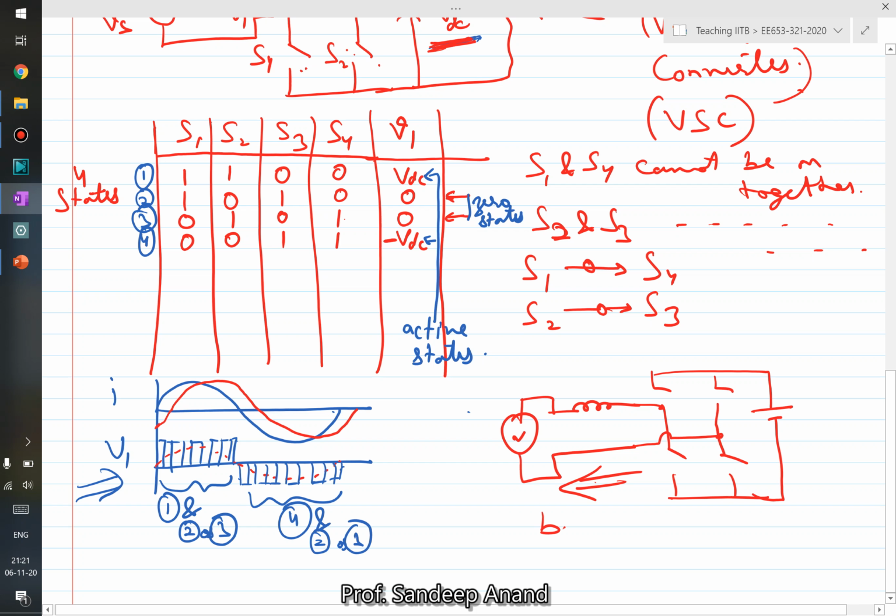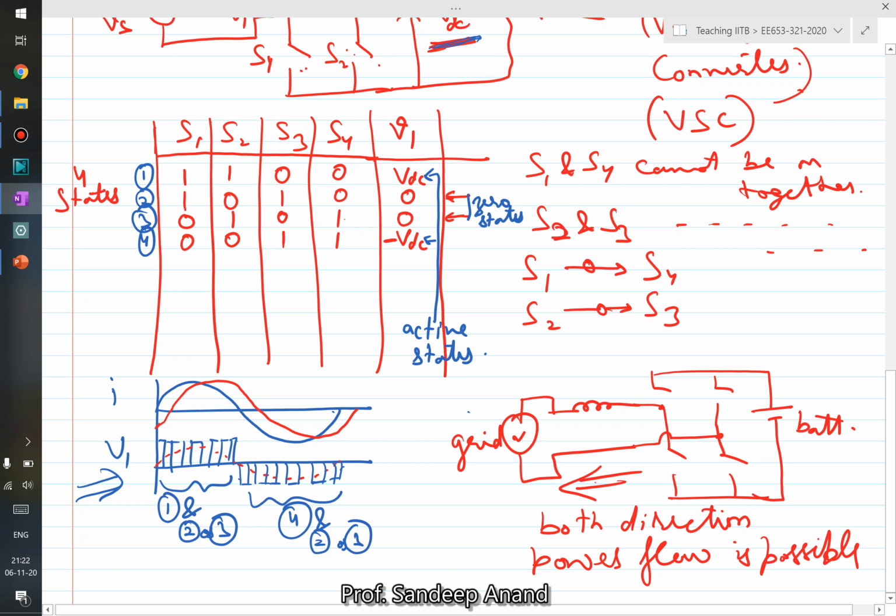So power flow in both directions is possible. For example, if you have a single phase grid here, and a battery here, you can use this circuit to charge the battery, or you can use this circuit to take power from the battery and feed it to the grid.